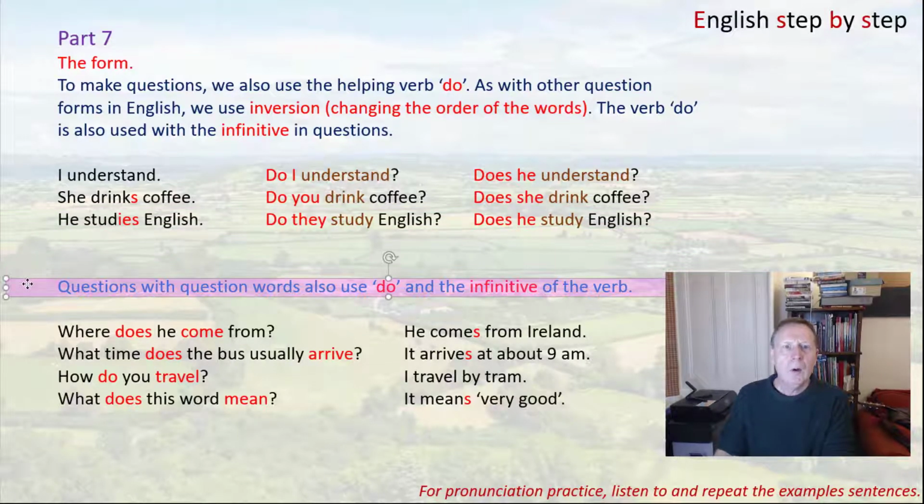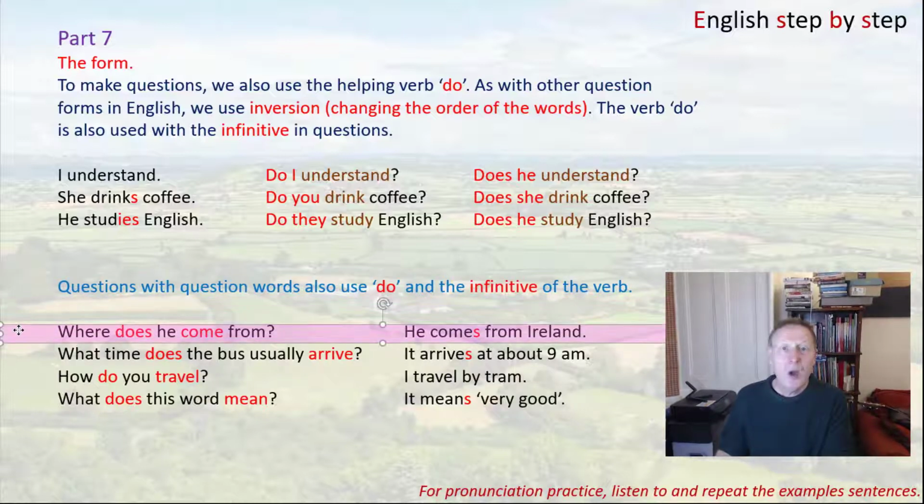Now, we often make questions with question words like who, when, where, why, what. And it's the same kind of structure with these different questions with the question words. We use the same do and does inversion with the infinitive. For example, where does he come from?